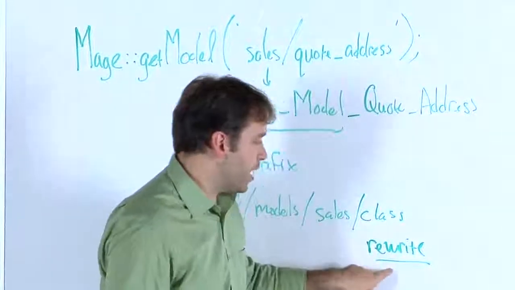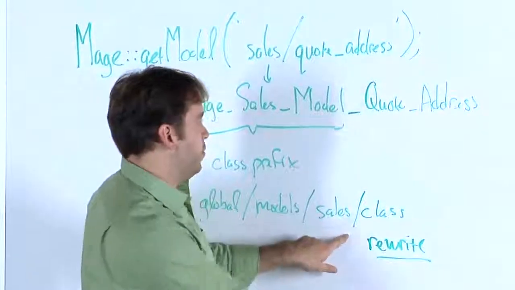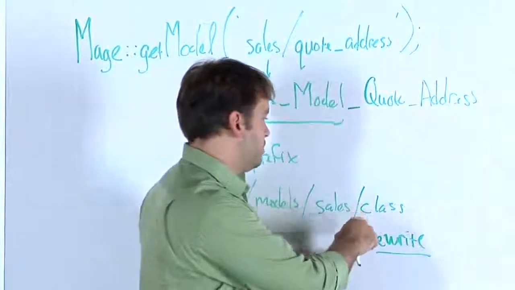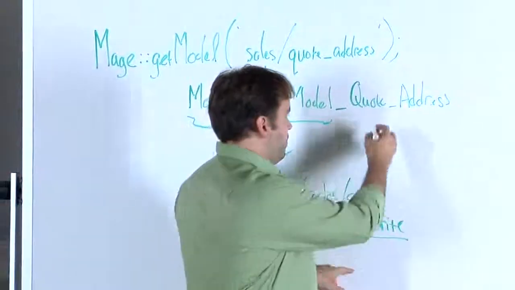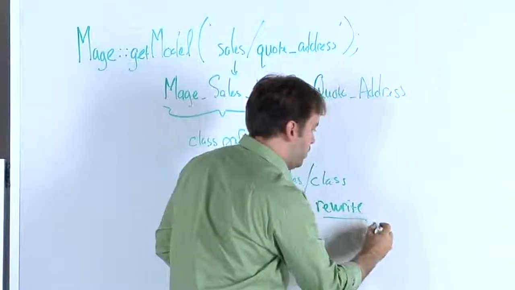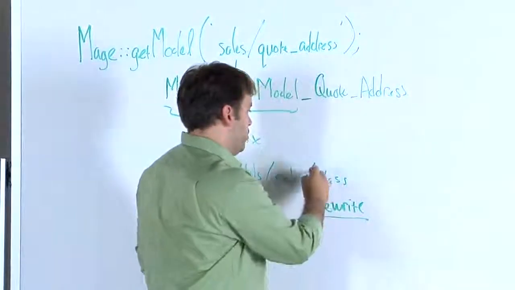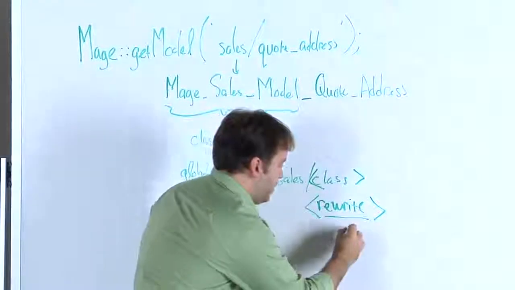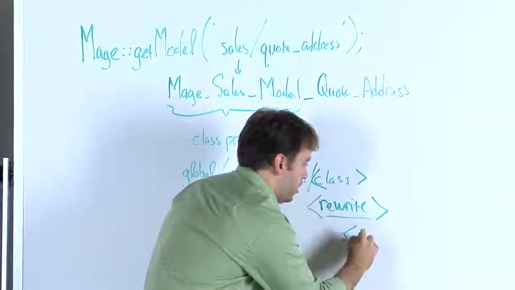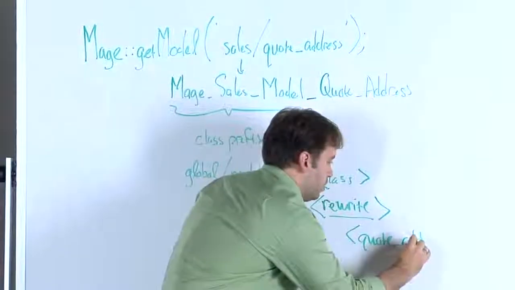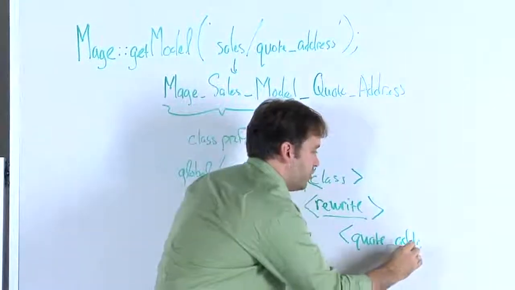Now, under rewrite, the configuration class looks to see if there is a match here, quote underscore address. So basically, we've got a class node and a rewrite node right next to each other. And then we have, in our case, we're adding, quote, address.